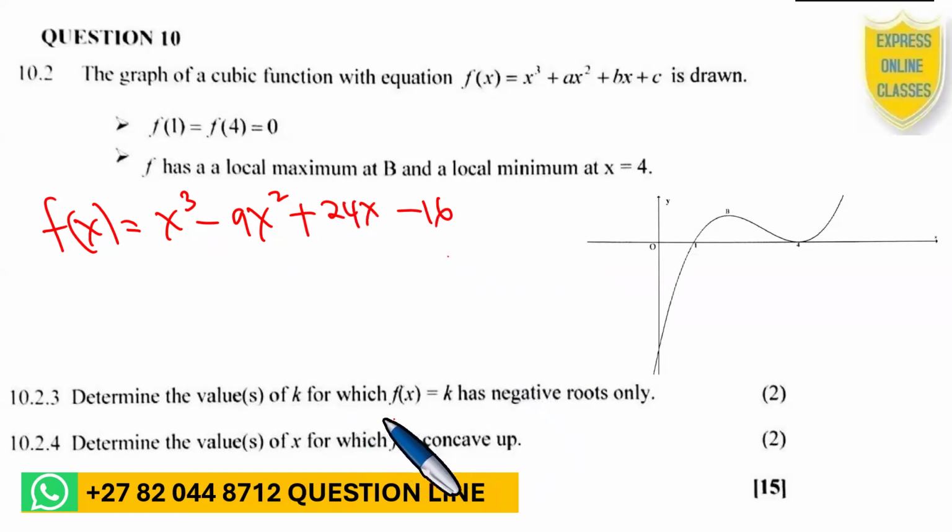Determine the values of k for which these will have negative roots only. So you'd have these cutting at minus 16.